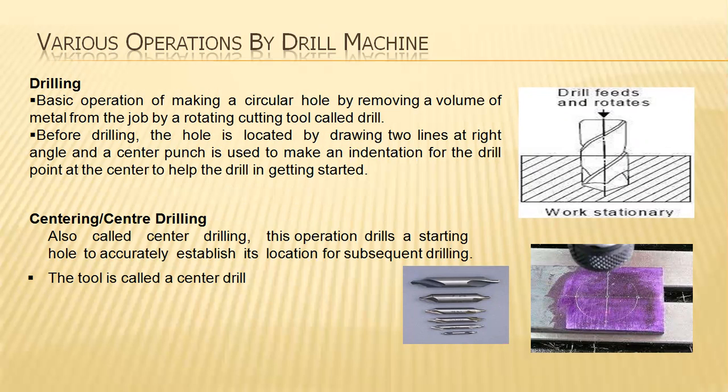We can review the various kinds of operations in the case of the drilling machine. First, basically, drilling. We know that drilling is the process of making circular holes by removing a volume of material with the cutting tool, which penetrates into the material in the work.